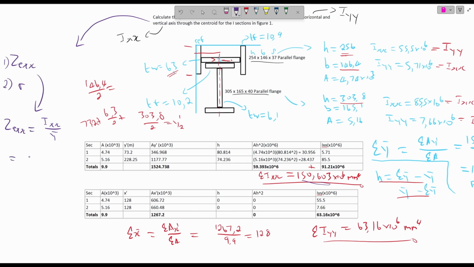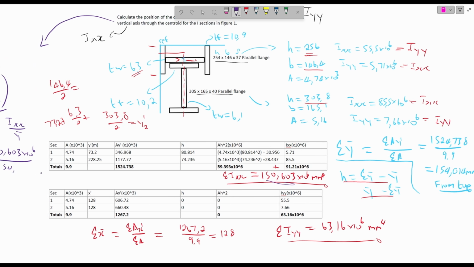So Zxx will have 150.603 times 10 to the 6 divided by 154.014.